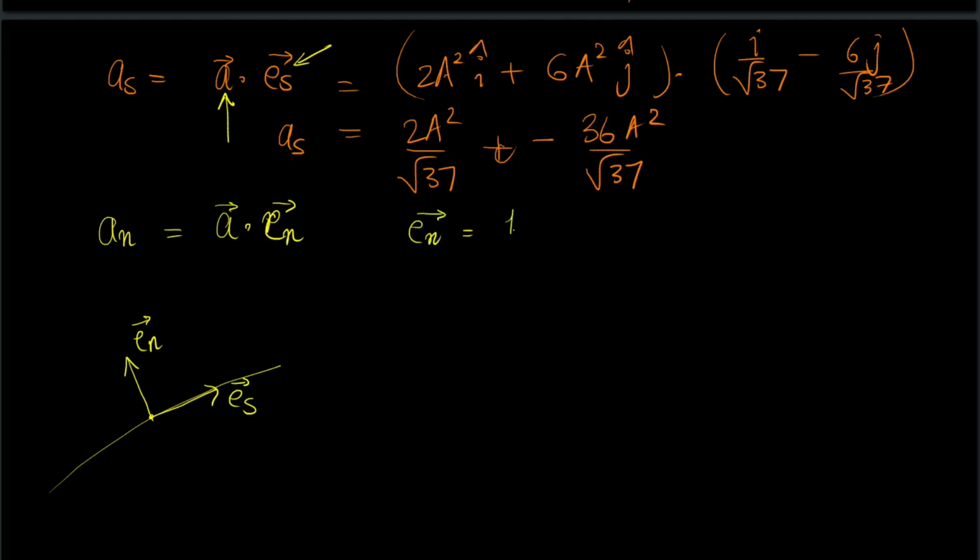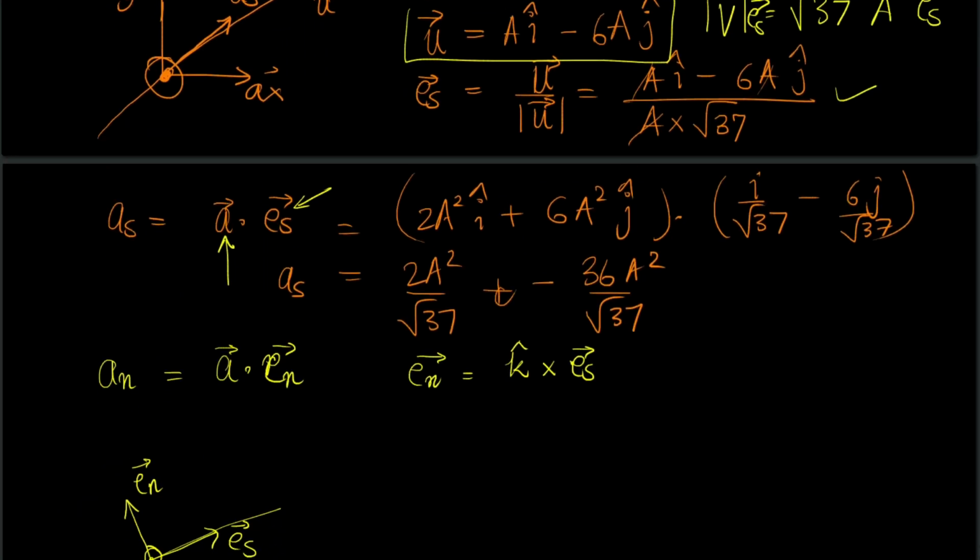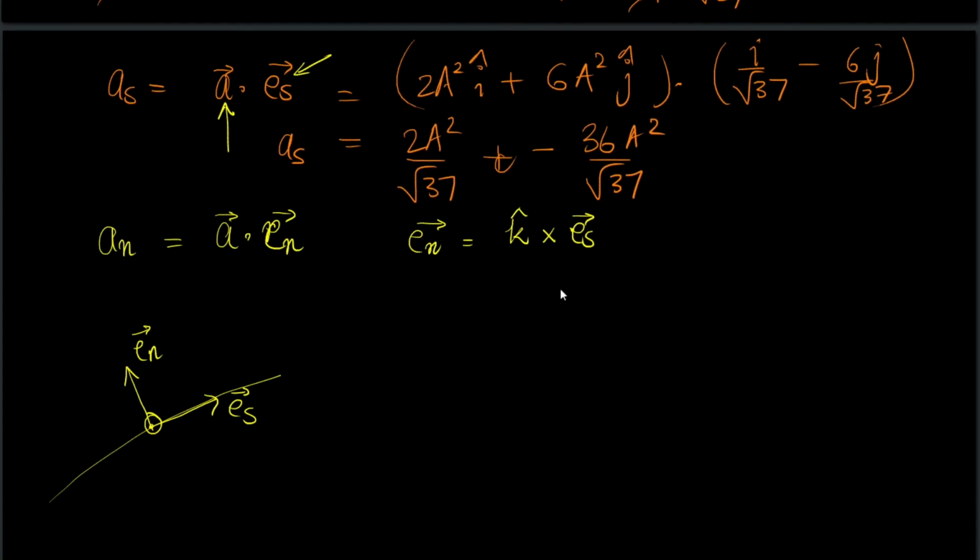The en vector would be the k vector that is coming out of this page, cross product with es. The es vector we've already found out as this. So once you take a cross product with this, you get the en direction.